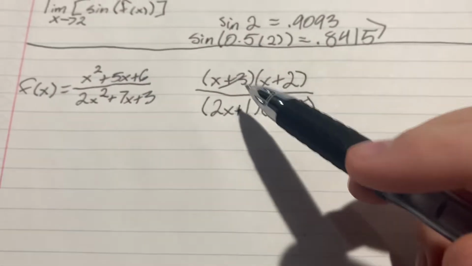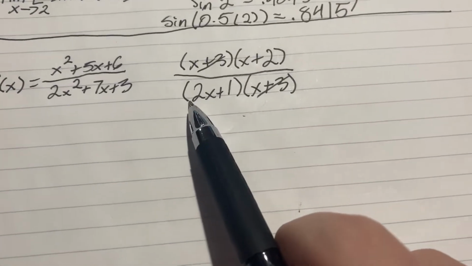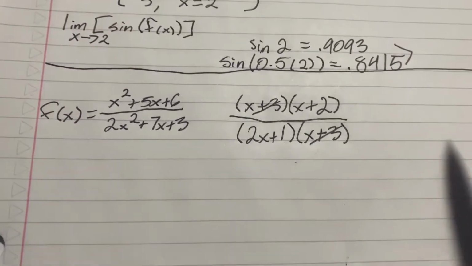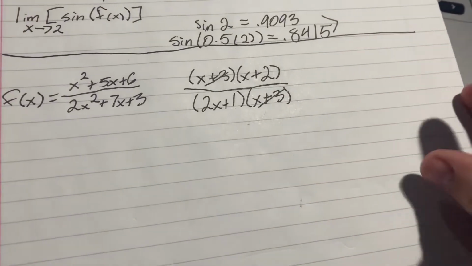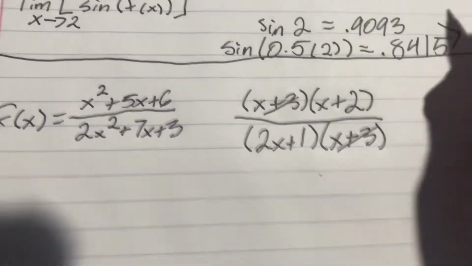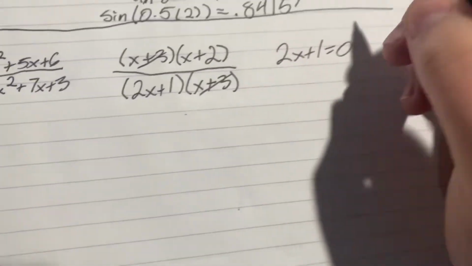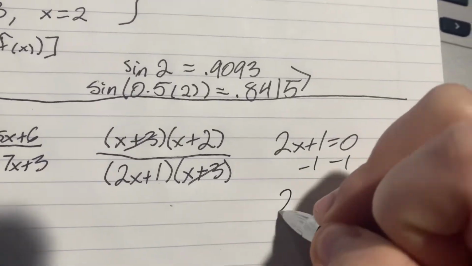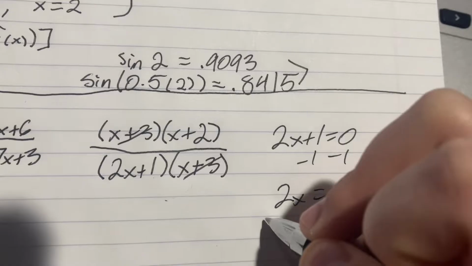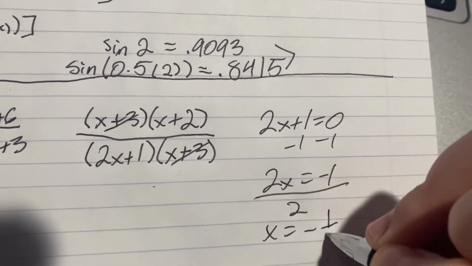So after you cross out the x plus 3's, then you get x plus 2 over 2x plus 1. So knowing that the bottom cannot equal 0, we know that we're going to have a vertical asymptote. So you're going to go ahead and do 2x plus 1 equals 0 to try to find that asymptote. And minus the 1, 2x equals -1, divided by 2, x equals -1/2.